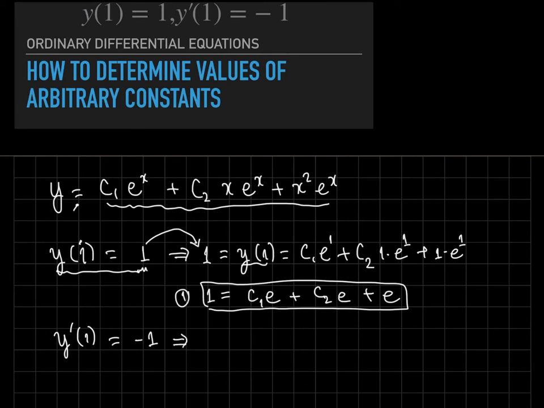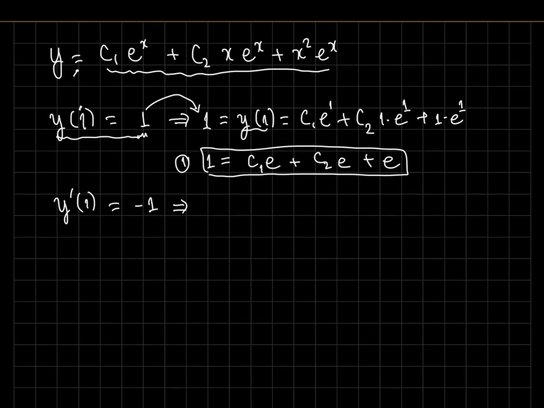And now we go to the second condition, and we are given a derivative. So the first thing we do is we differentiate the given general solution. So that becomes y prime of x. The derivative of this is just c sub 1 e to the x.